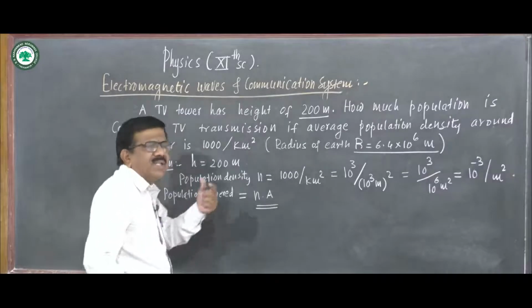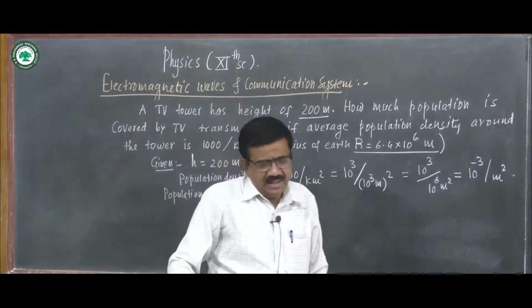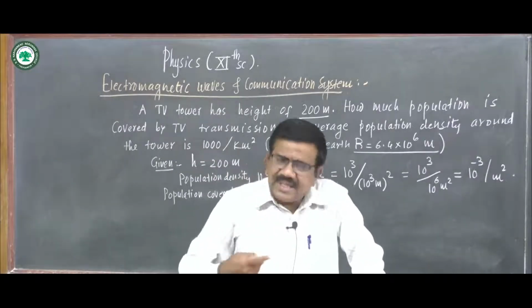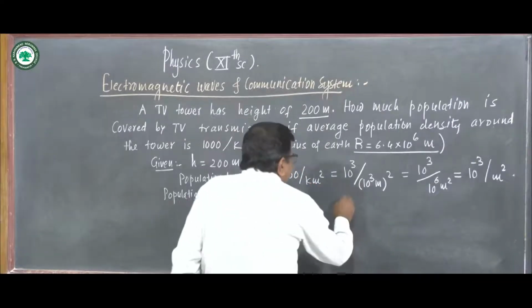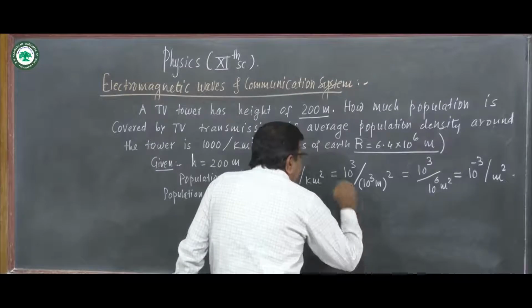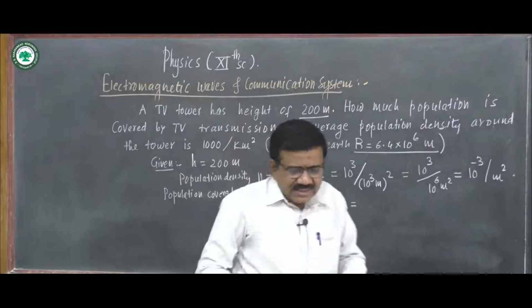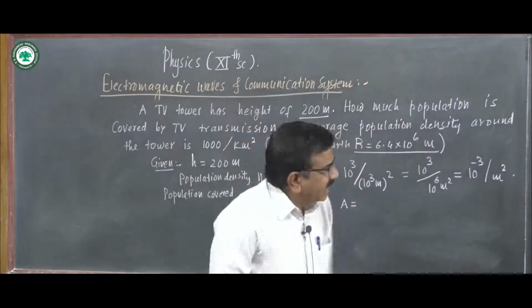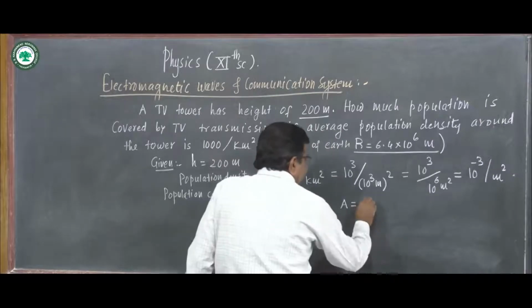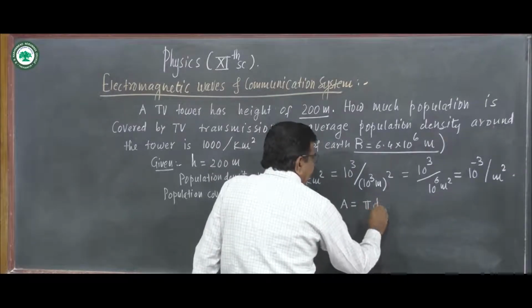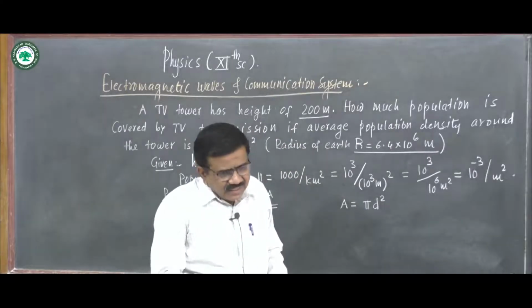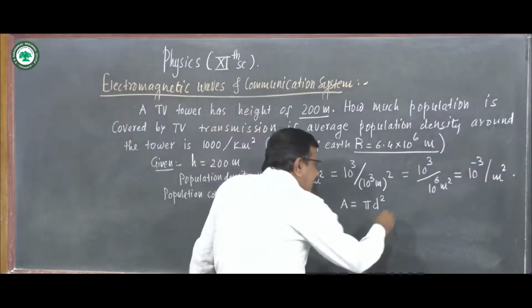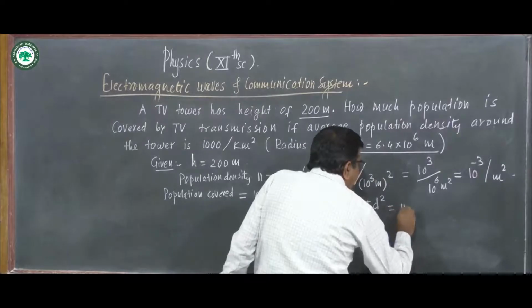We find the population covered by using the formula population density into area. Firstly we find the area covered, and that area covered is pi d square, where d is the range, and we know that d is square root of 2RH.